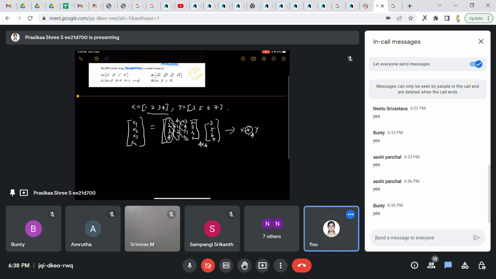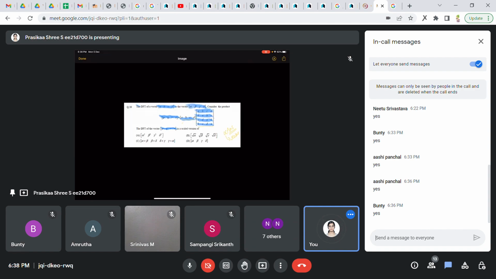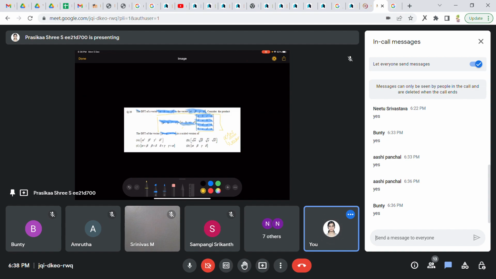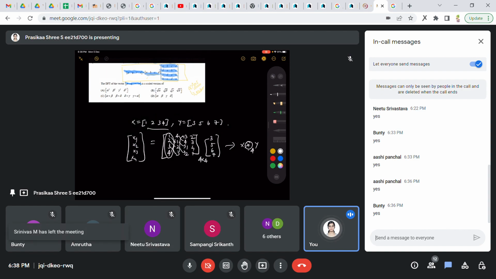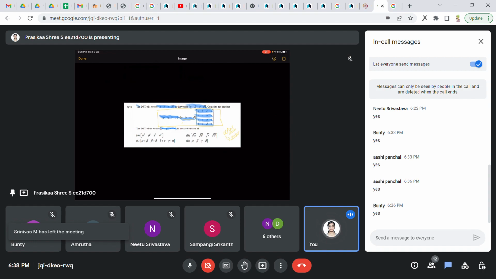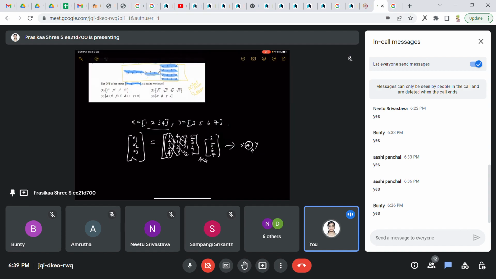Now, when you observe this matrix, you can find one relation. What is the relation between the circular convolution and the relation that is given in the question? Can anyone guess it? Okay, no problem.